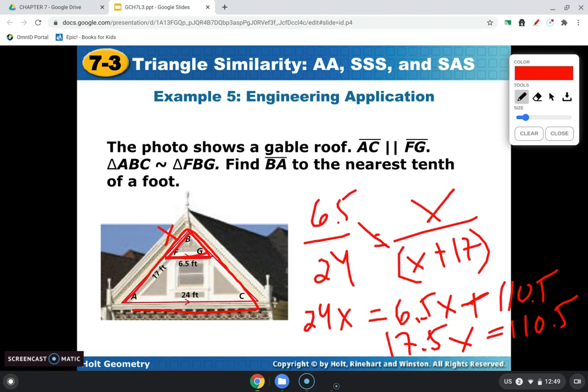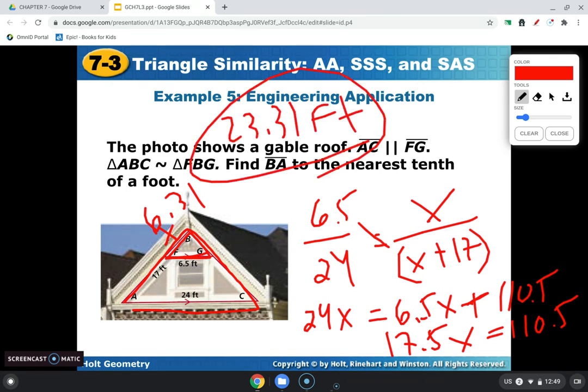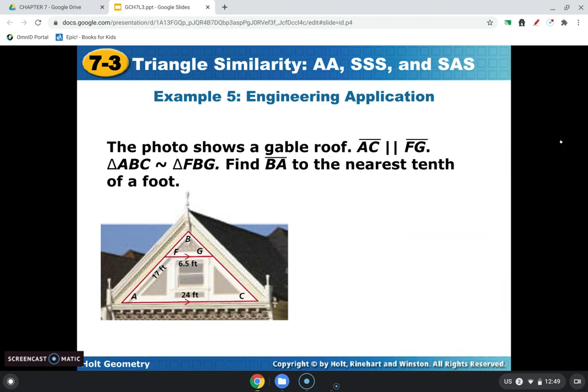Divide that by 17.5, gives me x is 6.31. Add that to 23. So we're looking at about 23.31 feet. Make sure when you're setting up those proportions that you think the whole triangle here as you're setting them up.